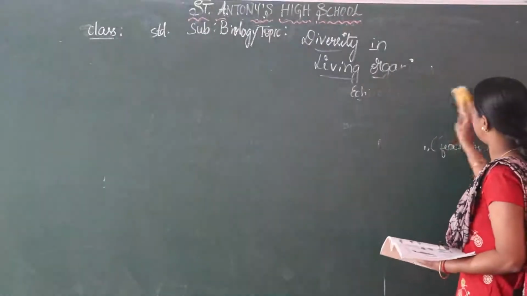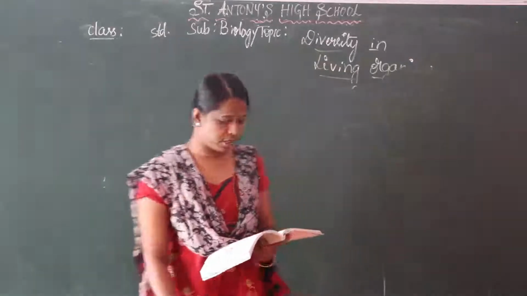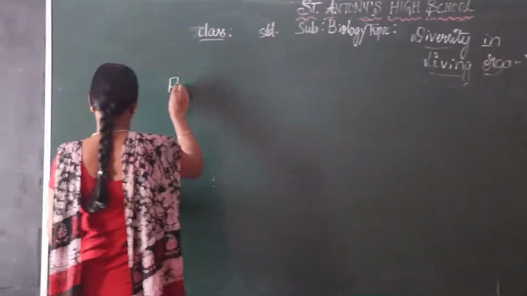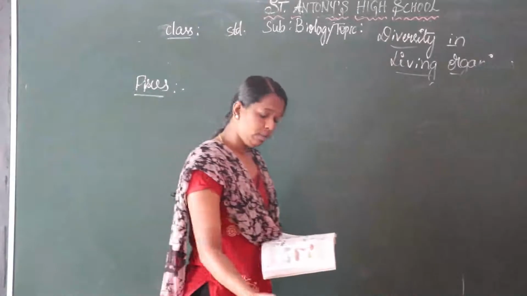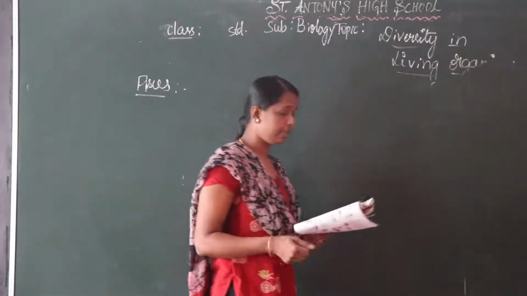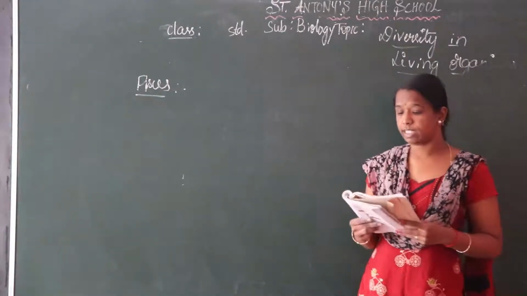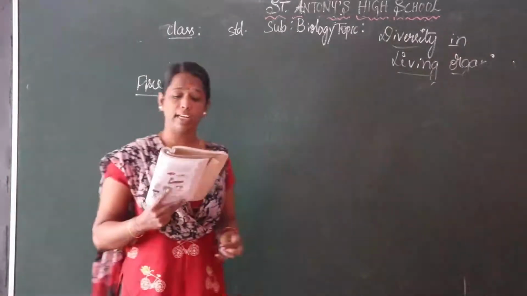First, pisces. Pisces means fish. So usually they live in the water and use the dissolved oxygen present in the water. They are exclusively aquatic animals.